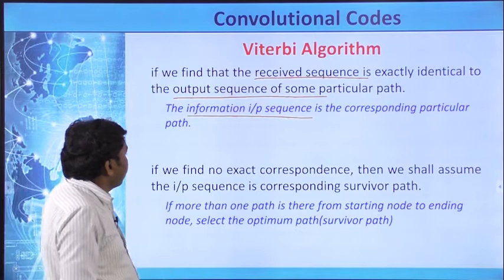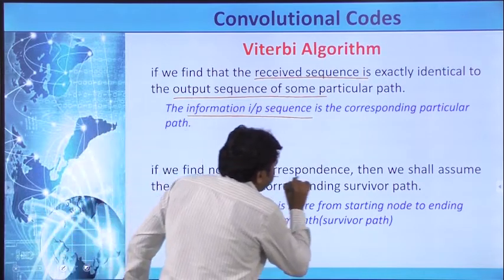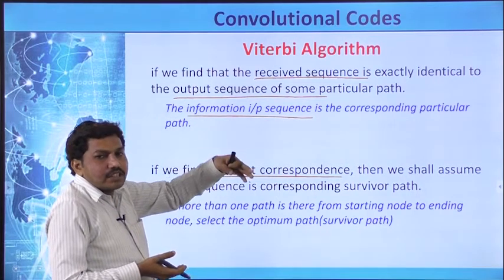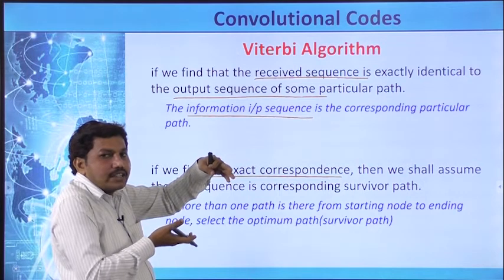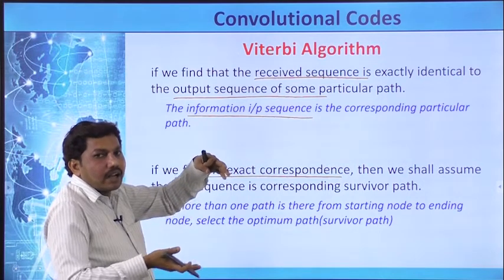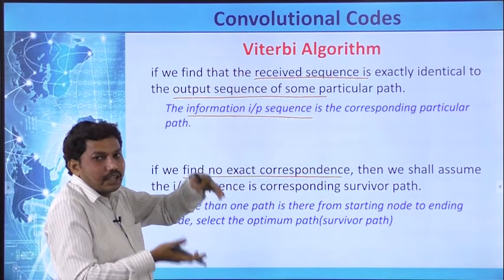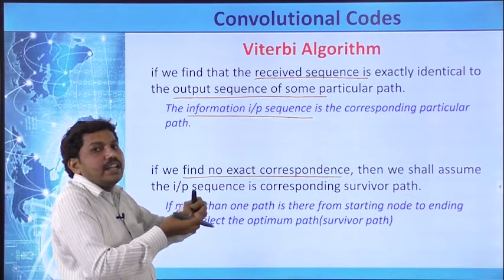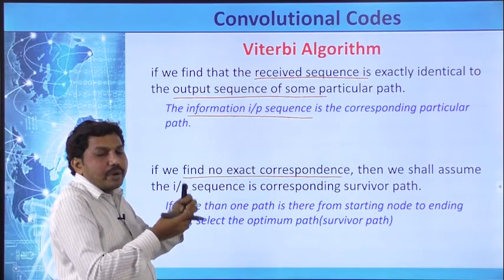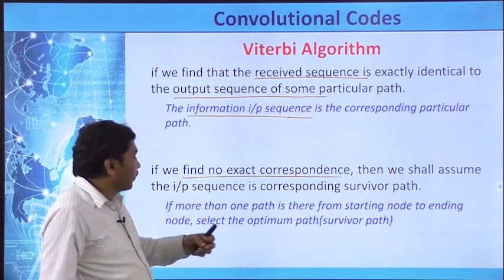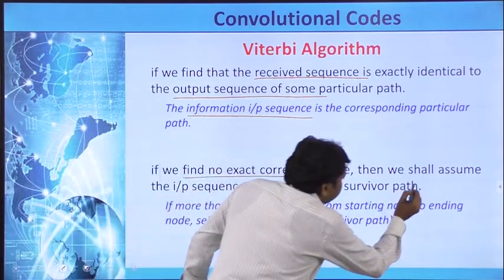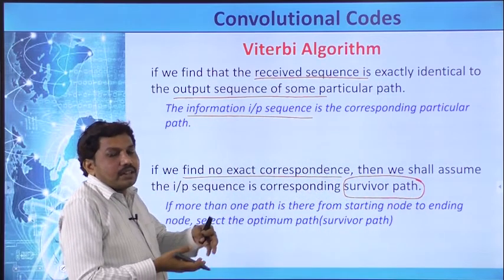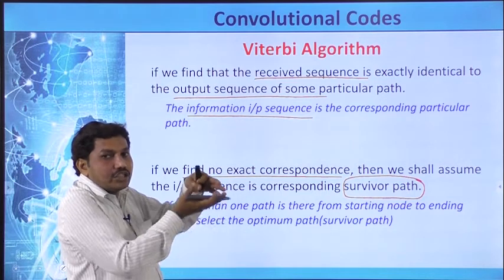Suppose there is no such exact corresponding path, that indicates the received sequence and the coded sequence of the path are not matching. At that time, we want to select the path which has the least metric. That is, we will select the survivor path by comparing the metric of each path.